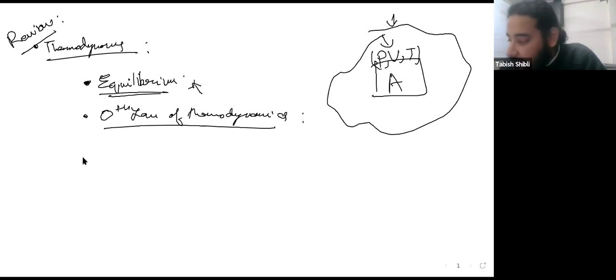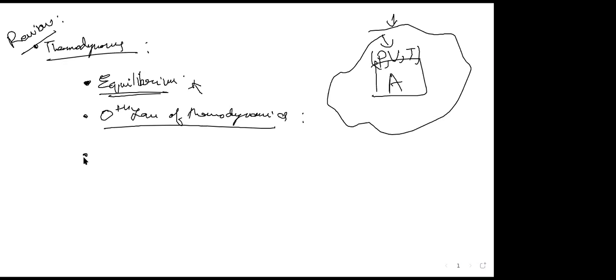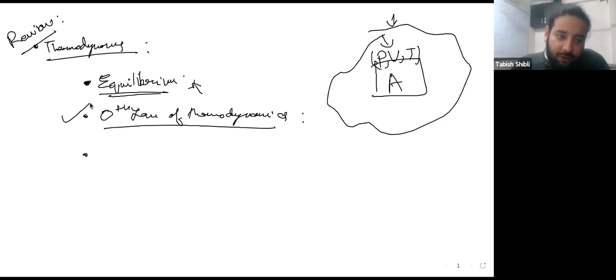Okay, once we've defined the zeroth law of thermodynamics, then what do we do? If A is in equilibrium with B and B is with C, then A and C are also in equilibrium. That is essentially the zeroth law. What do we do after the zeroth law?